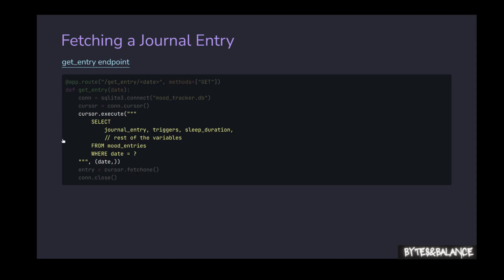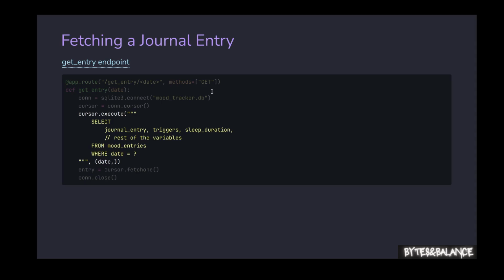Then we've got FROM, which specifies the table to retrieve the data from, the merge entries table. And we've got WHERE, which is the condition that filters the results to only those that match the specific date. So WHERE date equals, in quotation marks, a date, and this date comes from our function.